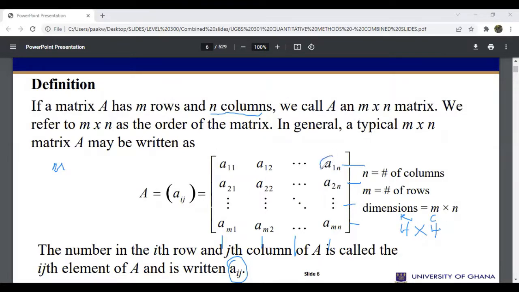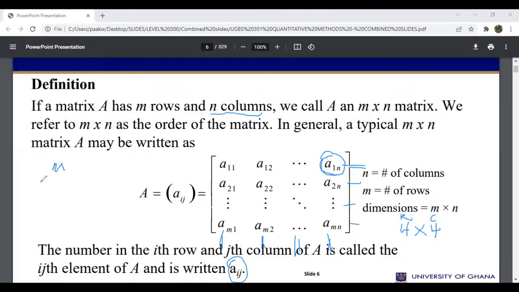So this particular element can be found in the first row and the fourth column. This is the first row, and this is 1, 2, 3, 4, the fourth column. Do you get it? Do you get the dimensions?